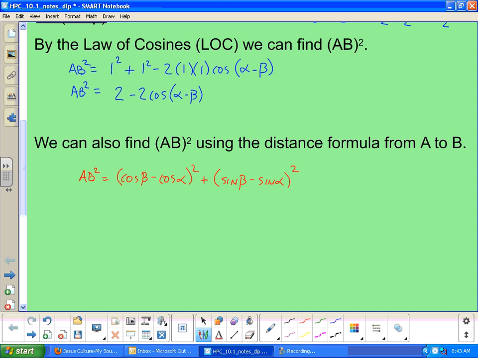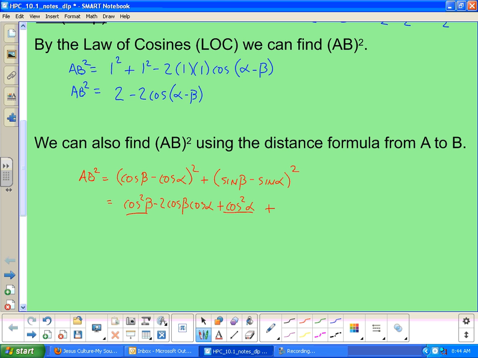Go ahead and do some work on this. We get cosine squared beta minus 2 cosine beta cosine alpha plus cosine squared alpha. Cosine squared stuff, but they're not the same angle, but that's okay because we're going to end up with some common angles in this next setup here.